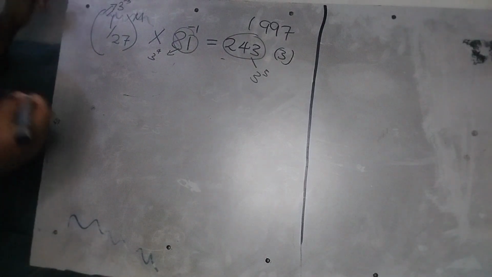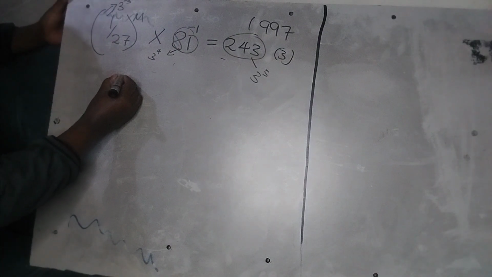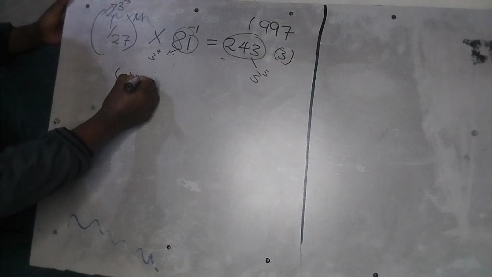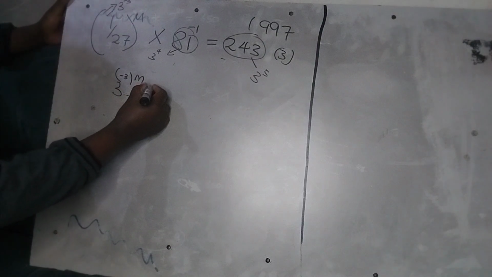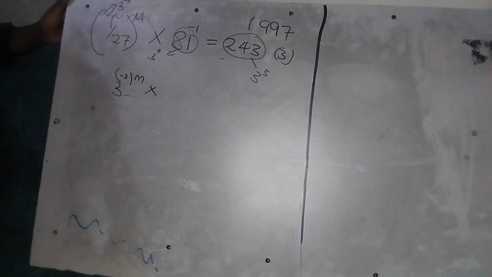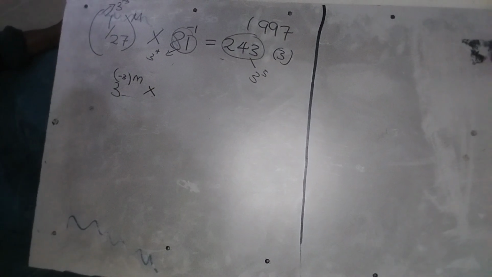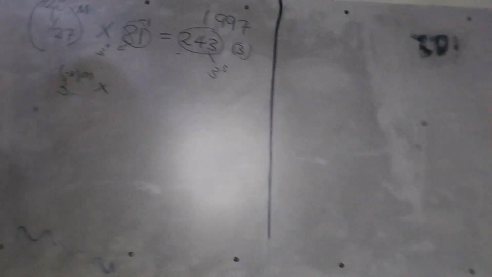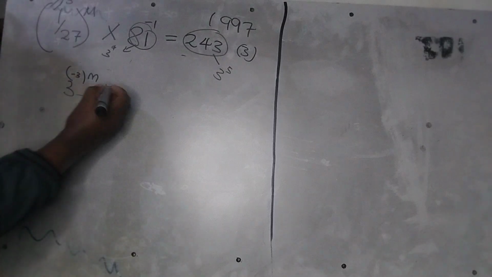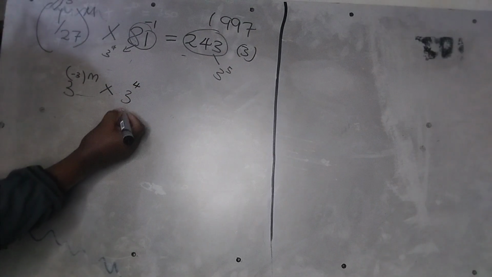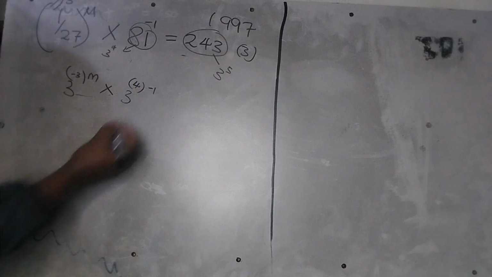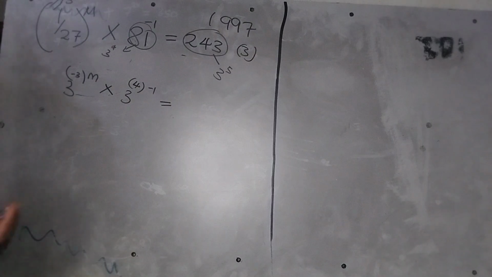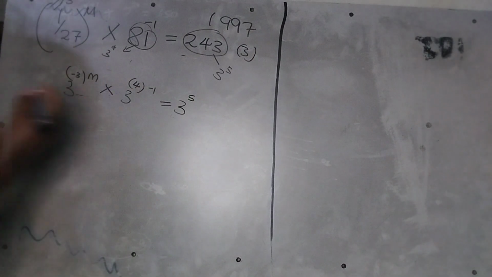Now instead of 1/27, we write 3 to power -3, and the power is again multiplied by m, multiplied by 81, which is 3 to power 4, and the 4 again is multiplied with -1 because -1 was on the power, is equivalent to, instead of the 243, we write 3 to power 5.